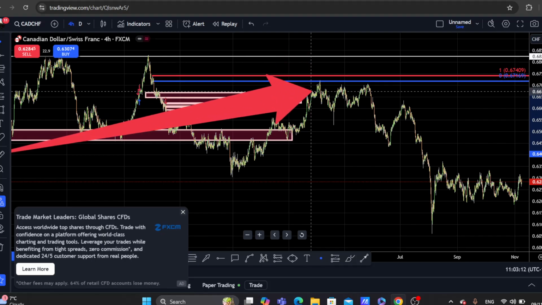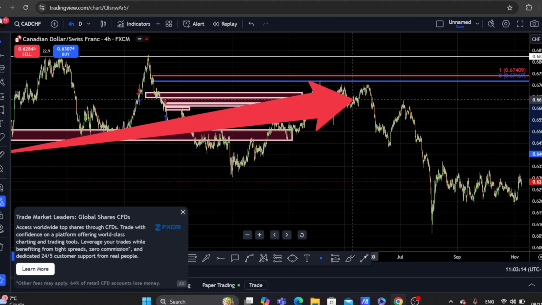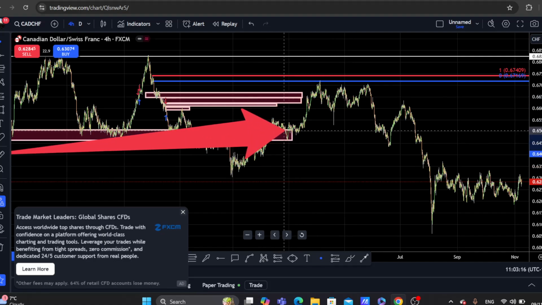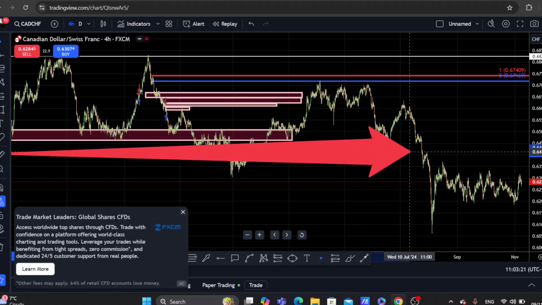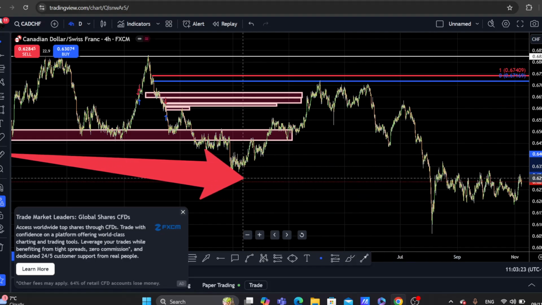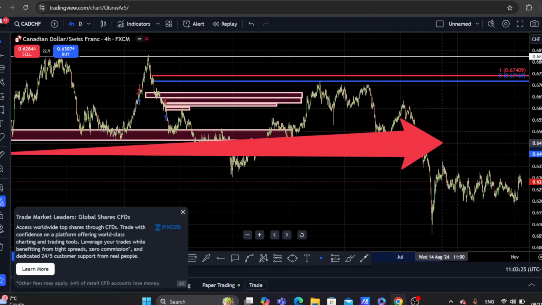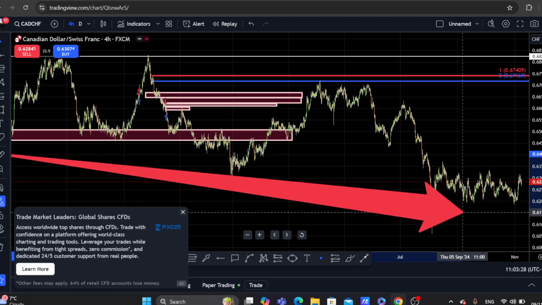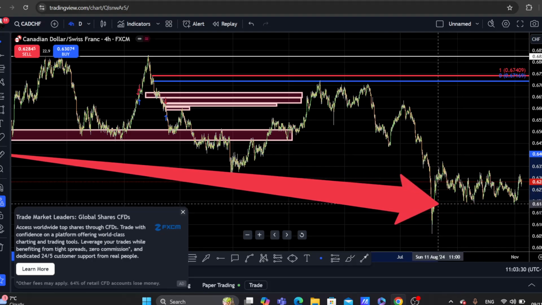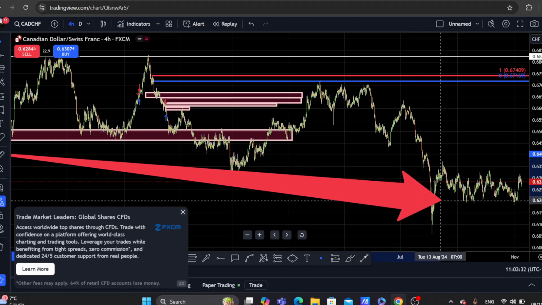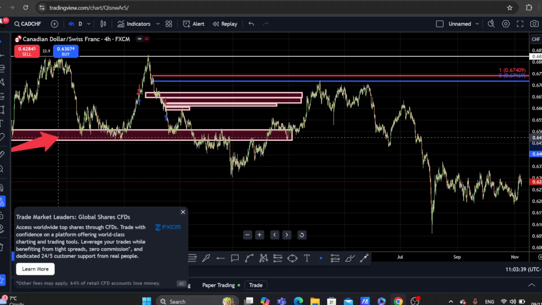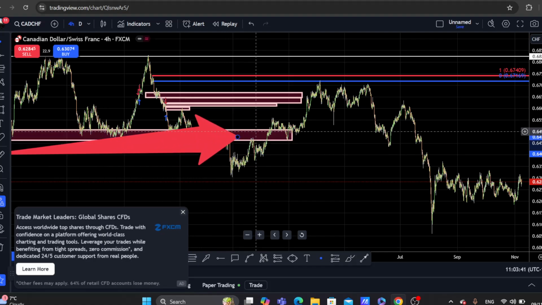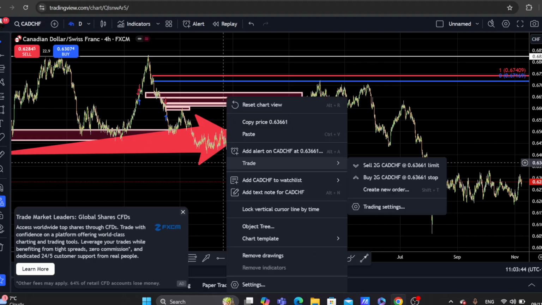So the best case scenario for these long traders was break even, and price came and wiped them off, and then continued going to where they intended to move the market. So this is how I trade the market using supply and demand, and using this stop hunt strategy.